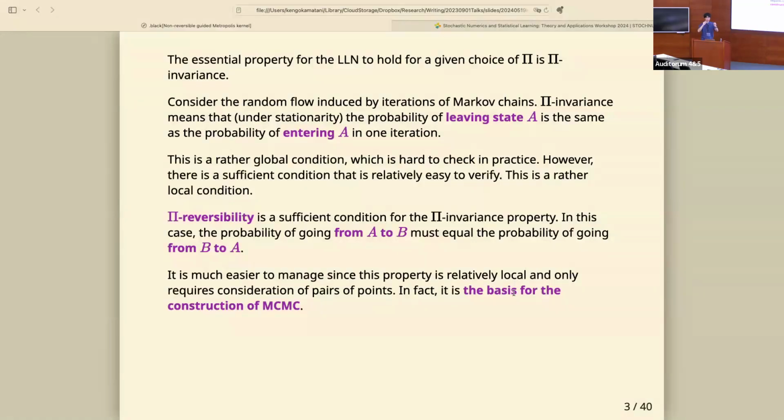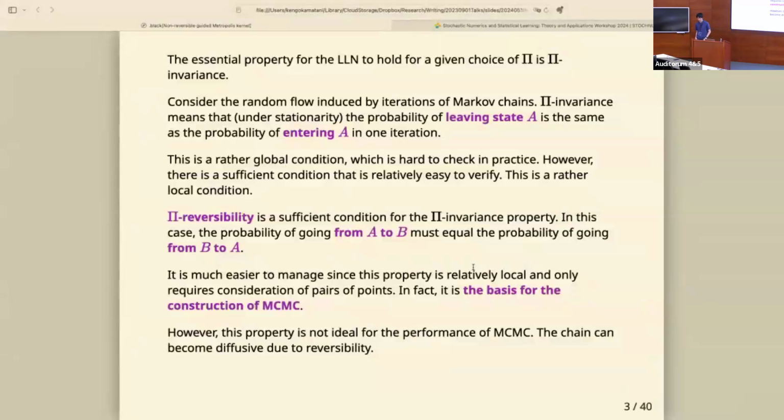On the other hand, for π-invariance we need to control many states. Thanks to this simplicity, reversibility becomes the basis for almost all MCMCs. Almost all MCMC is reversible, or a product of reversible MCMCs.